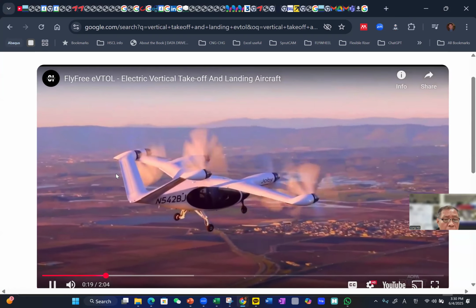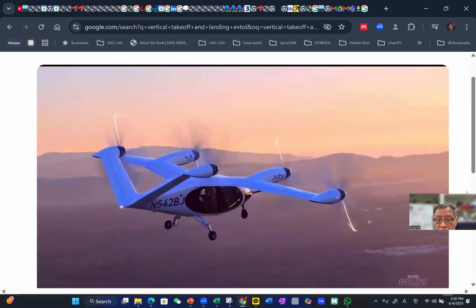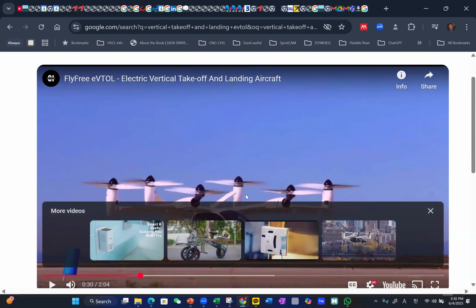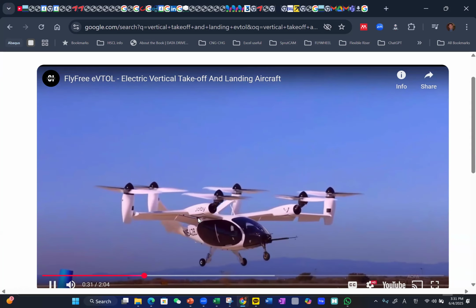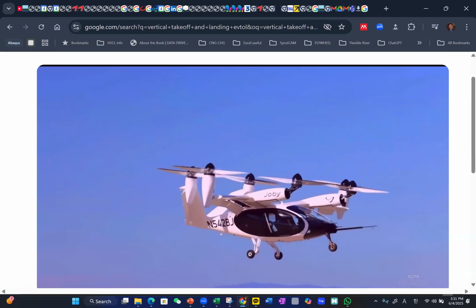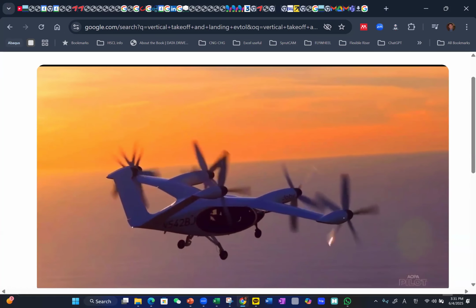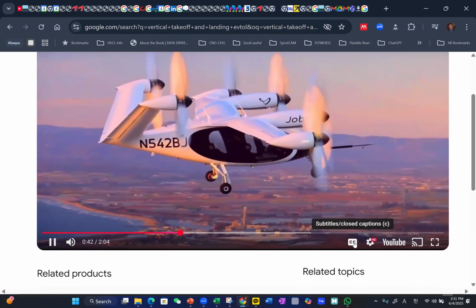Electric propulsion. The Fly-Free eVTOL is designed to be quiet, efficient, and environmentally friendly, making it well suited for use in densely populated urban areas. It is capable of carrying passengers or cargo with a range of up to 100 miles, 160 kilometers on a single charge, and a top speed of around 100 mph, 160 km/h, depending on the model.